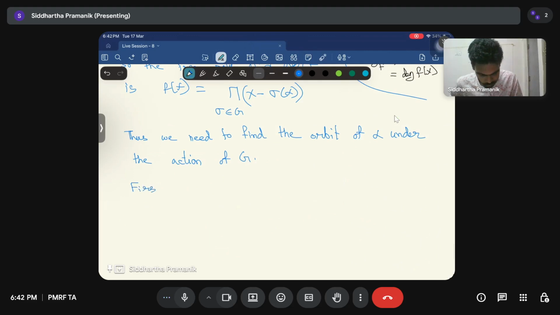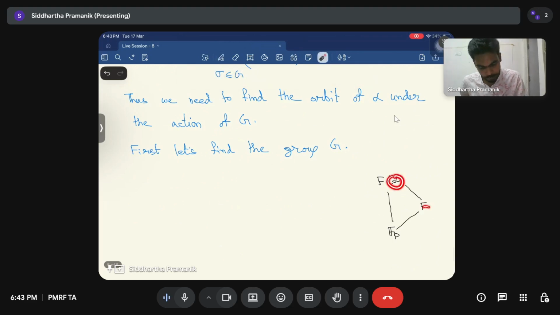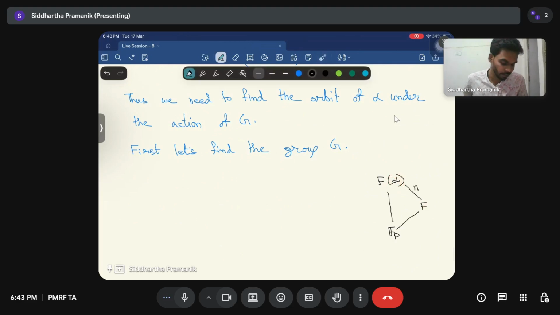So first, let's find the group G. So let me draw the picture. So here we have F adjoin alpha, and here we have F, and here we have F_p, where p is the characteristic. And since the degree of alpha over F is n, this has degree n.